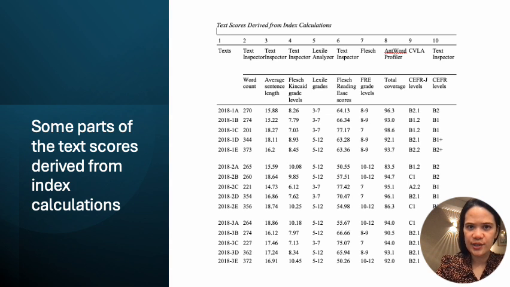You can see here that the tests were administered in 2018. Every year, Aiken tests are given 3 times or in 3 terms.